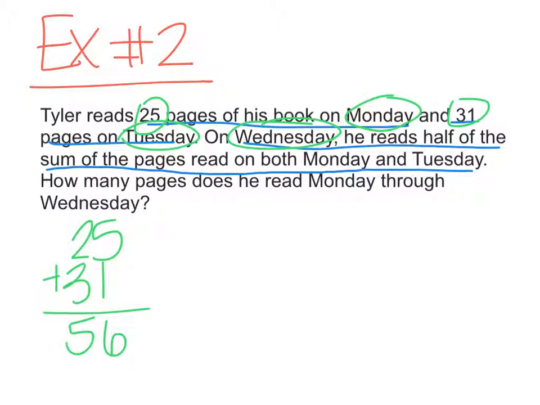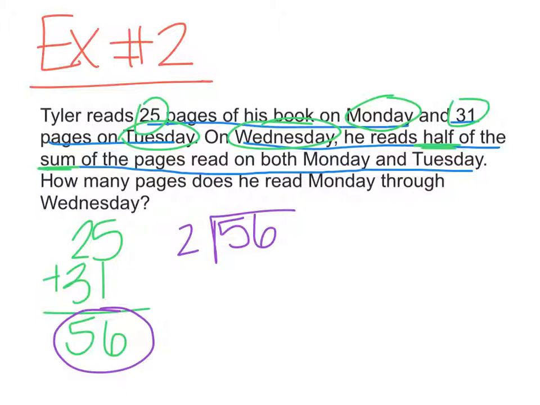Wednesday, he reads half of the sum of the pages read on Monday and Tuesday. Well, here's the sum of Monday and Tuesday. So on Wednesday, he read half of that. So let's do 56 divided by 2 to figure out what half of it would be.